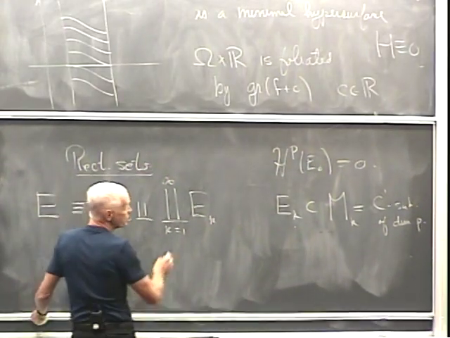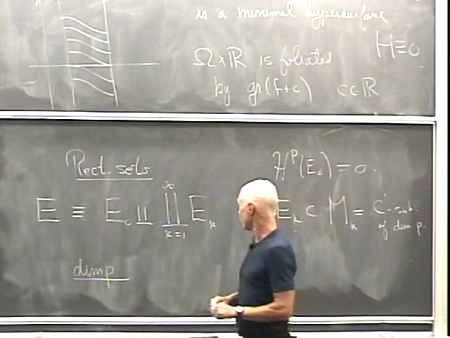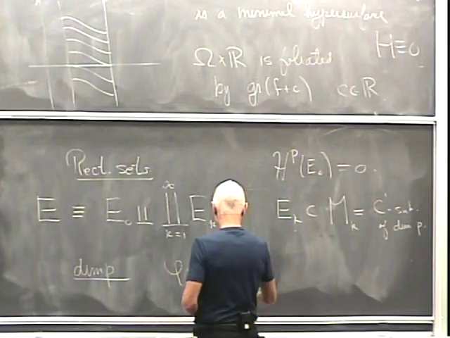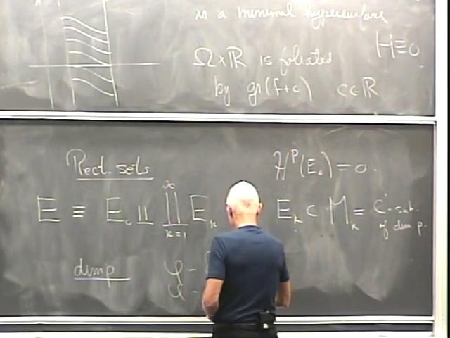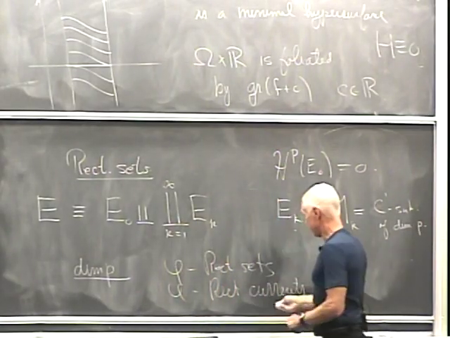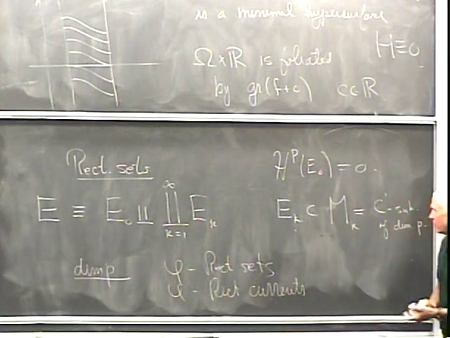And when you have such a thing, then you can go through exactly the argument I went through for calibrated manifolds and talk about phi rectifiable sets and phi rectifiable currents. These are rectifiable sets with orientations, and these are countable sums of these.